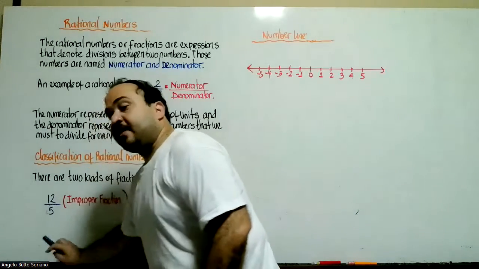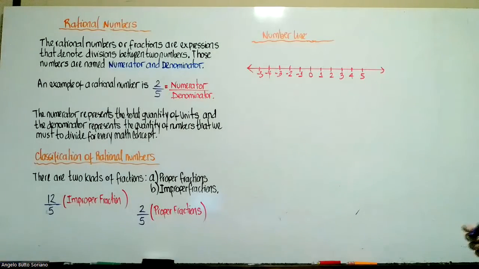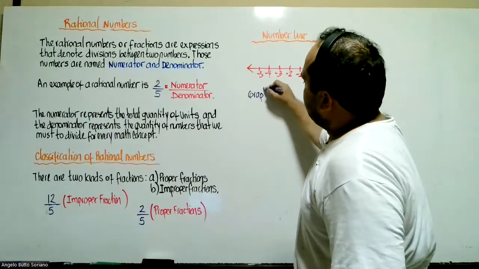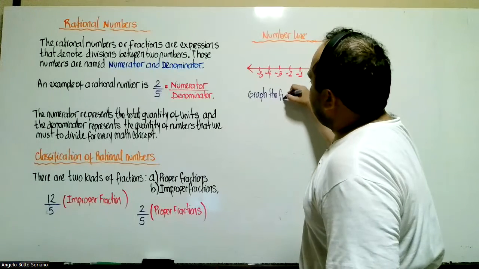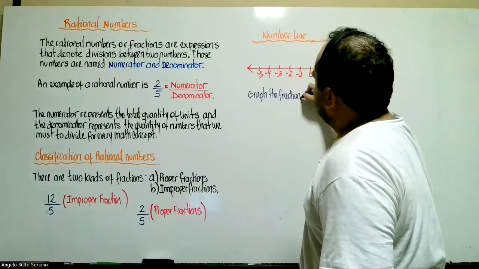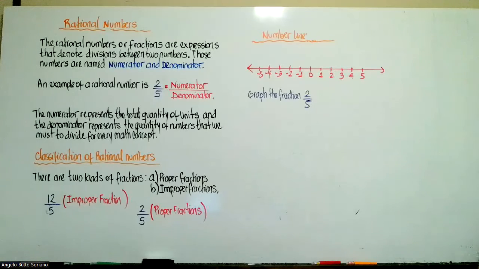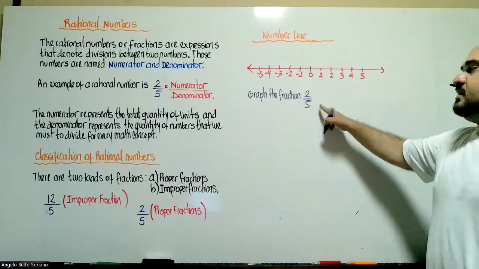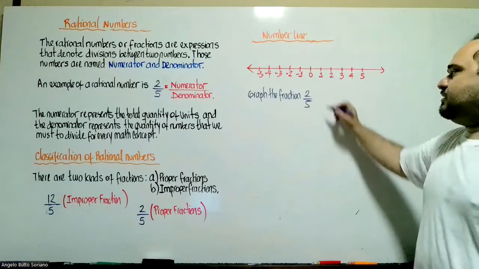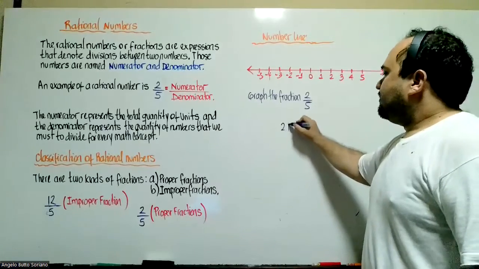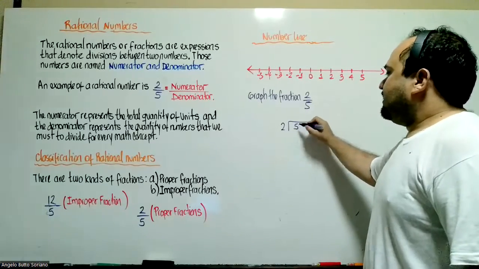For example, if you really want to graph the fraction 2/5 to fit in the number line, it's easy, because the only thing we must do is divide 2 by 5.